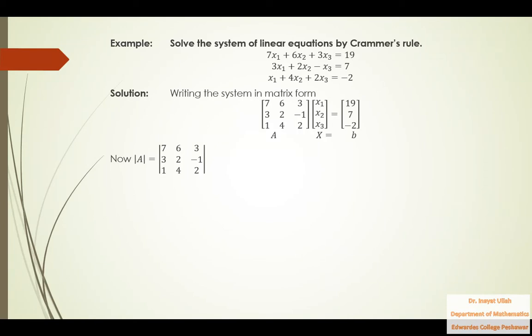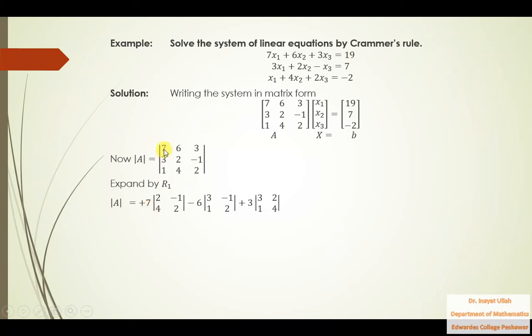The determinant of A will be obtained by expanding by row 1. Try to learn this method: how could we expand a determinant by a specific row? So expand by row 1. Write the elements of the first row, 7, 6 and 3, along with alternate signs plus, minus, plus, and then 7 multiplied by its cofactor.